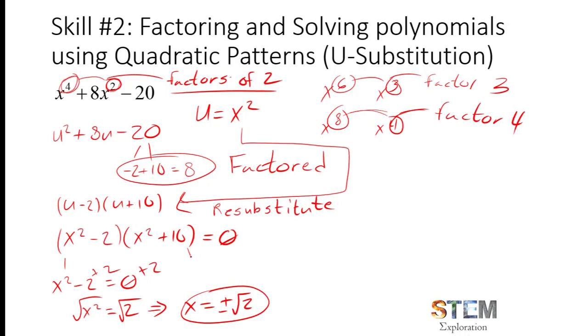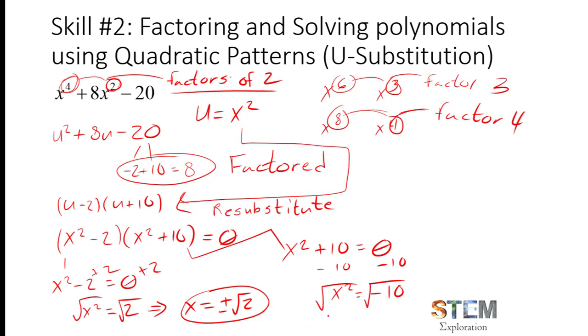The other situation here is x squared plus 10 equals 0, and we can subtract 10 from both sides. Now x squared equals negative 10, and we'll take the square root of both sides. And guess what?